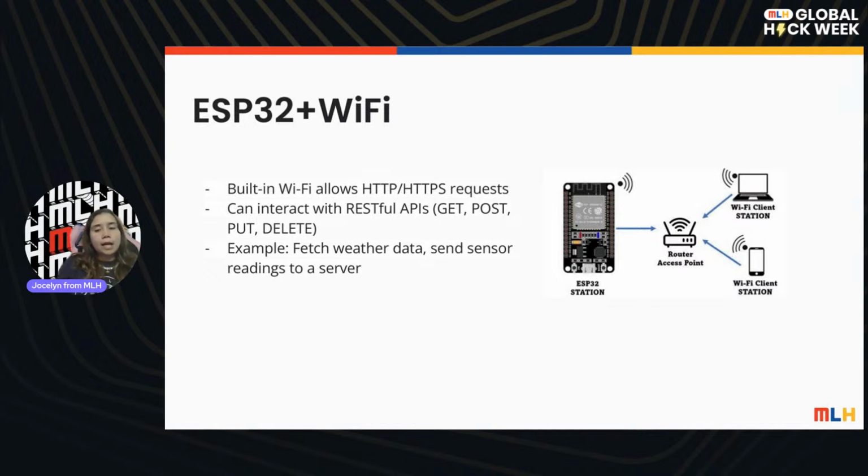Because you can have your code on the microcontroller that reads temperature data from your environment, and you can have your API that works, and you can open it and see it working properly. But once you try to put both of them together, that's when things can start to be a little bit tricky, and that's where you need to invest more time to see what's going on.